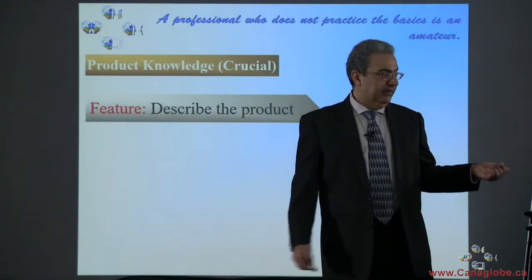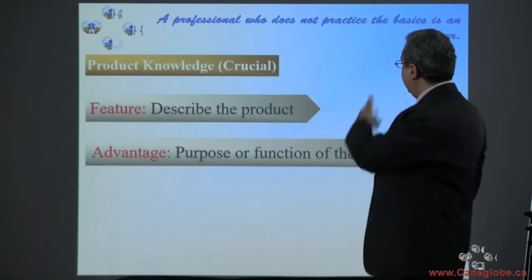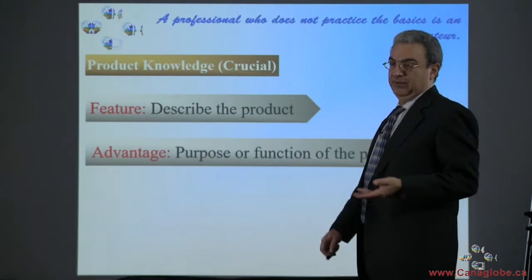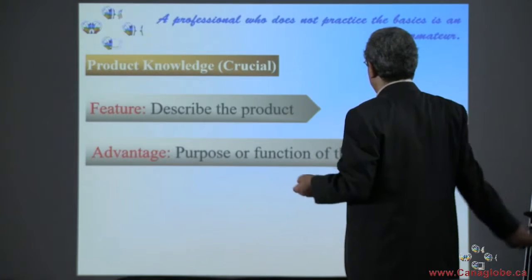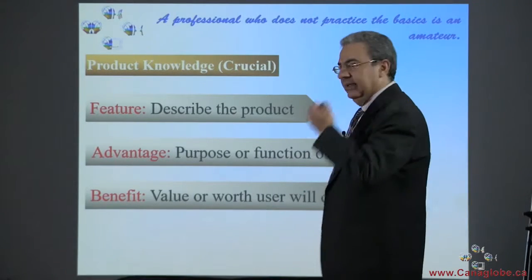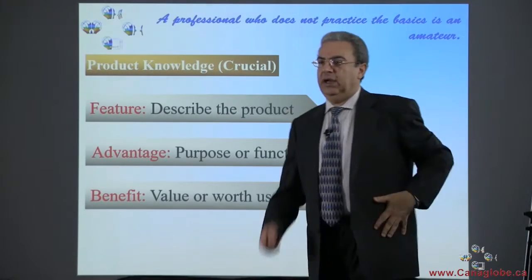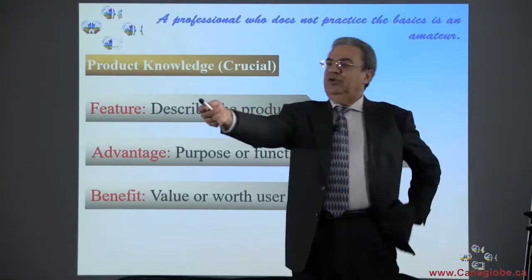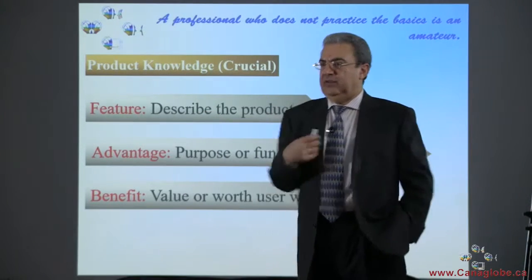No, that's fine. Features describe the product. Advantages are the purpose or function of the product, which you said is discovery. Now, the benefit is the value or worth the user will derive. What is the value? You told me, okay, I found out that she is the hidden talent in my organization. What does that have to do with me?